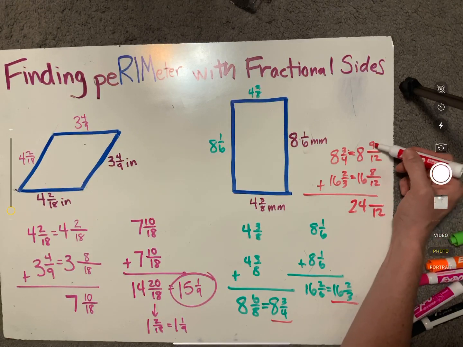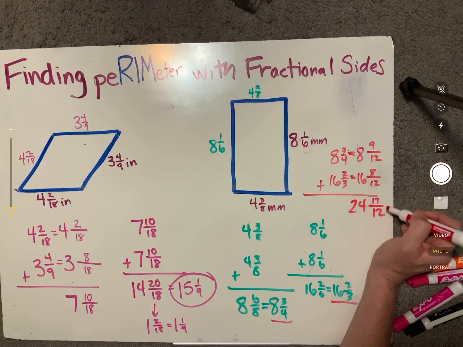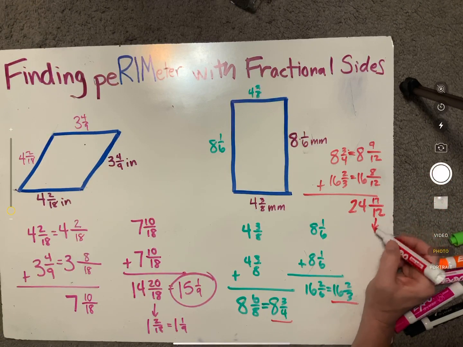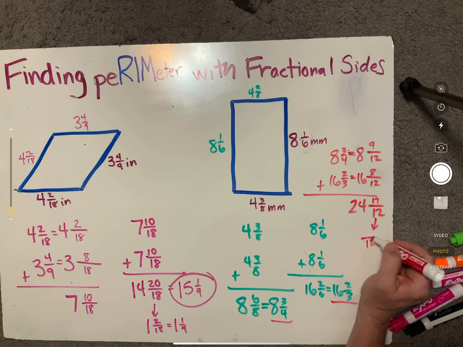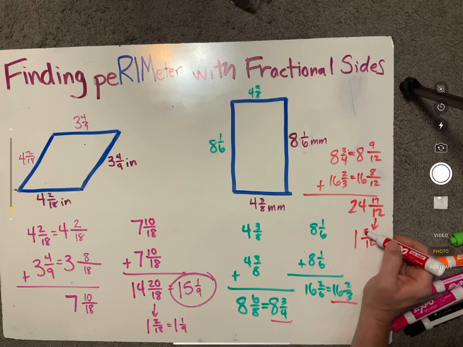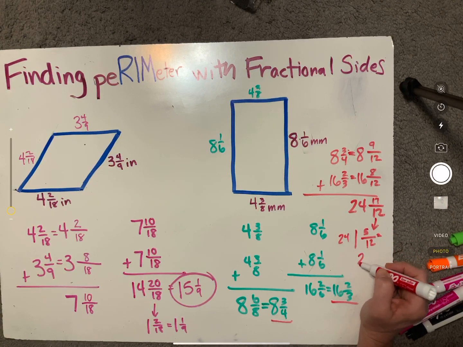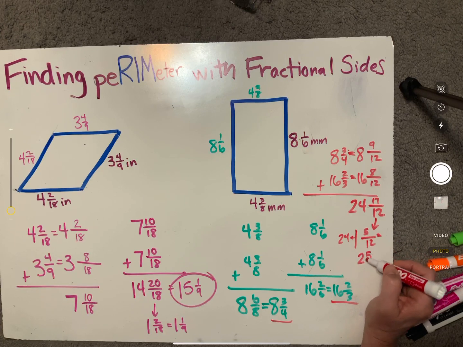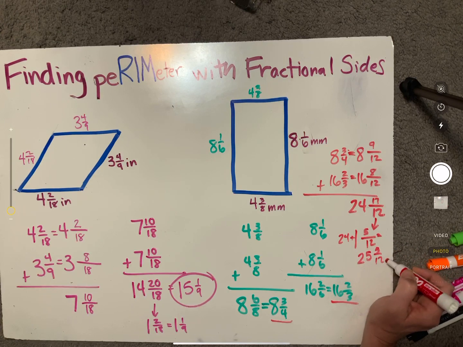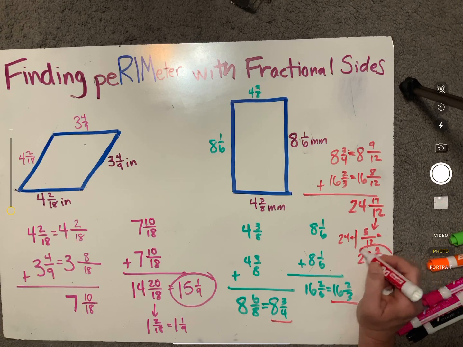Denominator is 12. 9 plus 8 is 17. So again, we're going to have to make an improper fraction here. So I get 12. So my denominator goes in one time with 5 left over. So we have to add the 24 to it. So our final answer would be 25 and 5/12 millimeters.